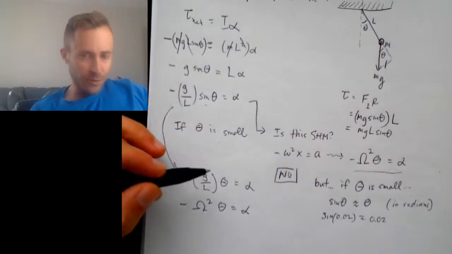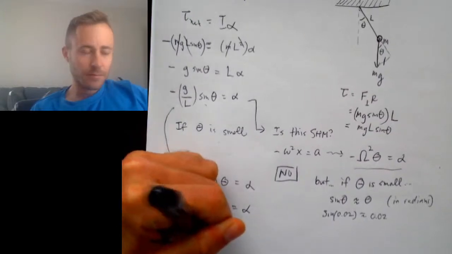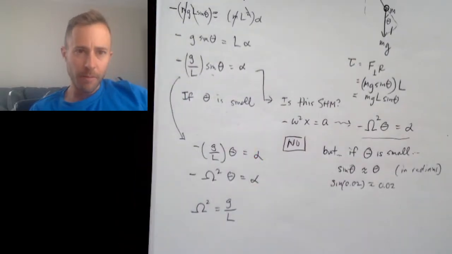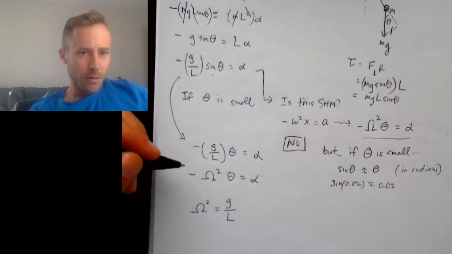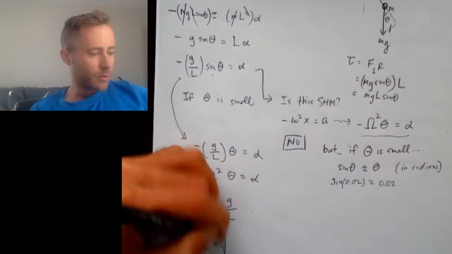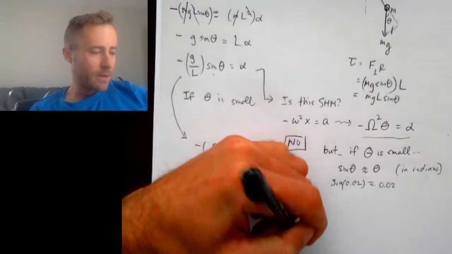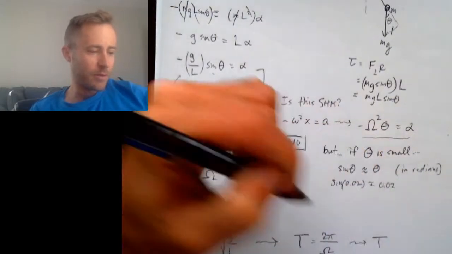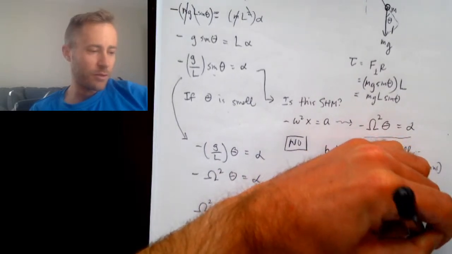And I can see by comparison that omega squared is g over L. Then omega is the square root of g over L, and the period is 2 pi over omega, which says that the period of the simple pendulum is 2 pi square root of L over g.